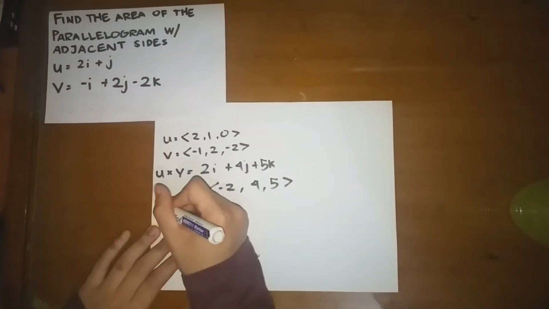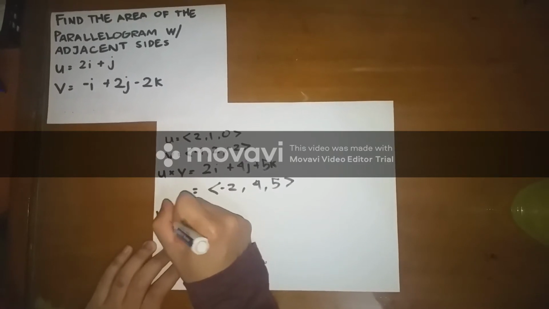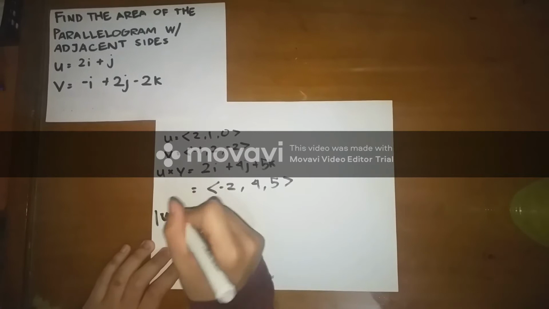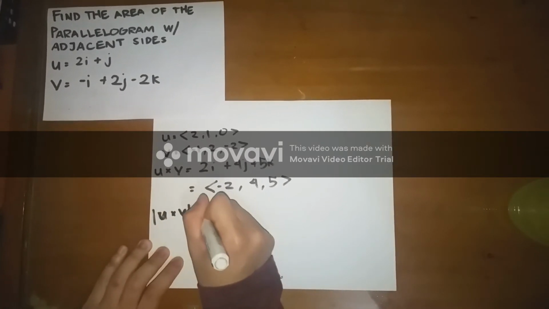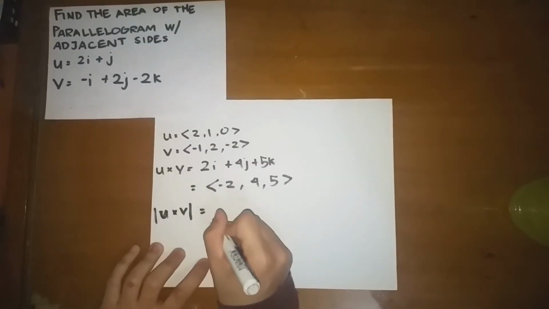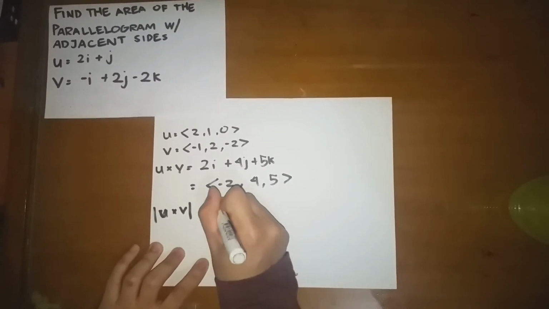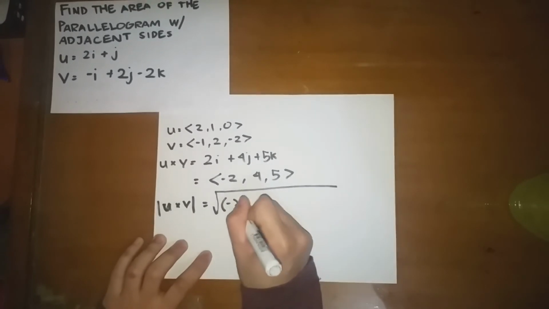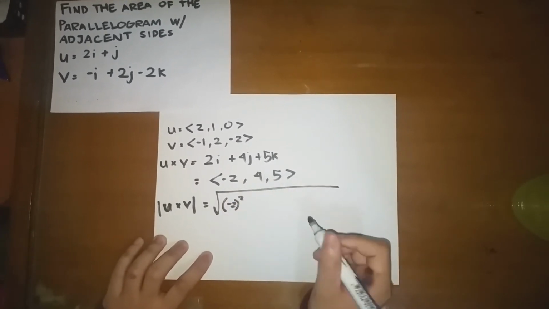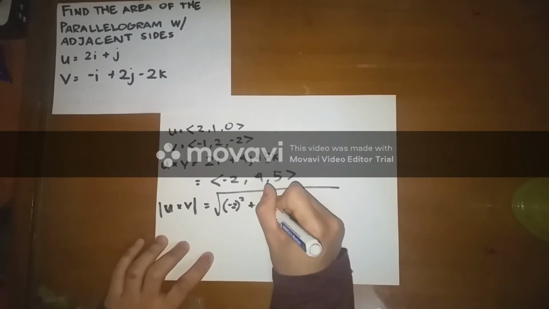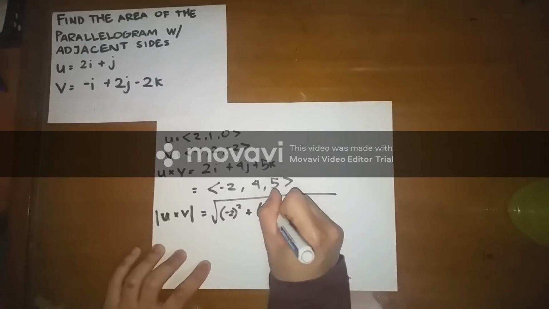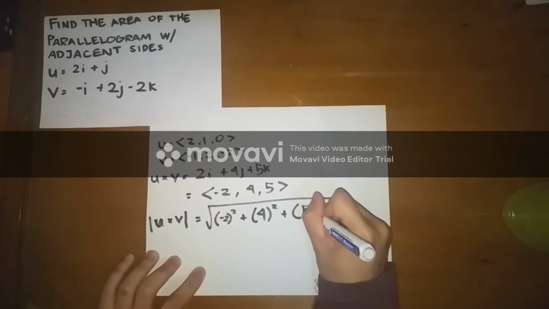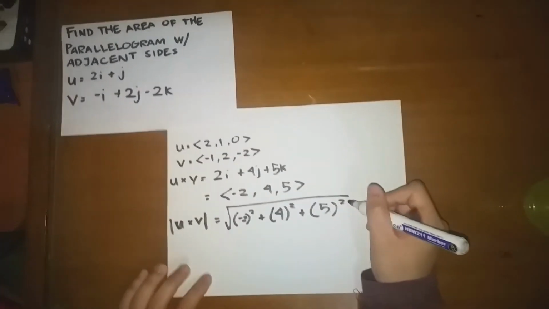Now finding the magnitude of the cross product of u and v by using this formula: square root of negative 2 squared plus 4 squared plus 5 squared.